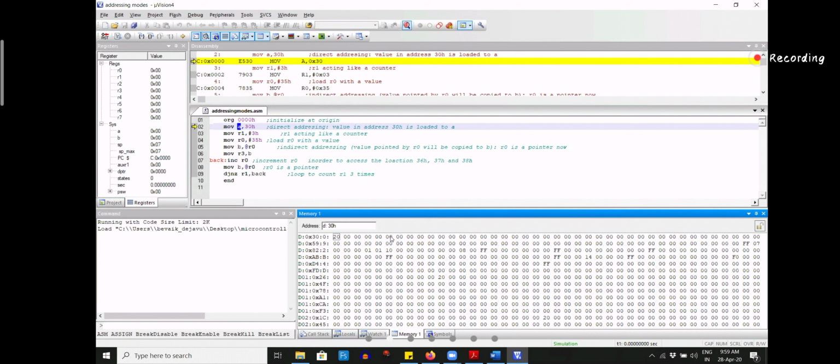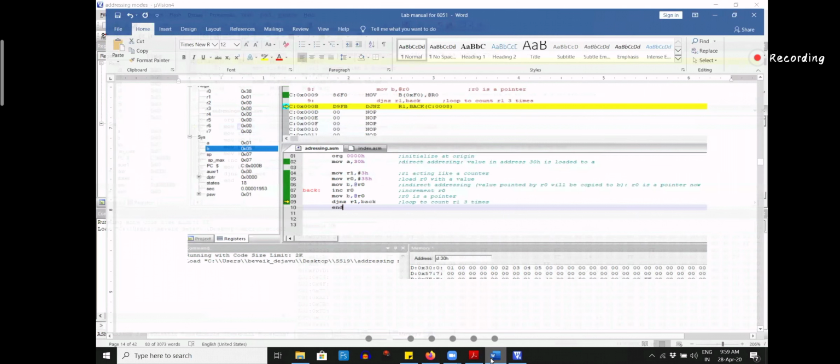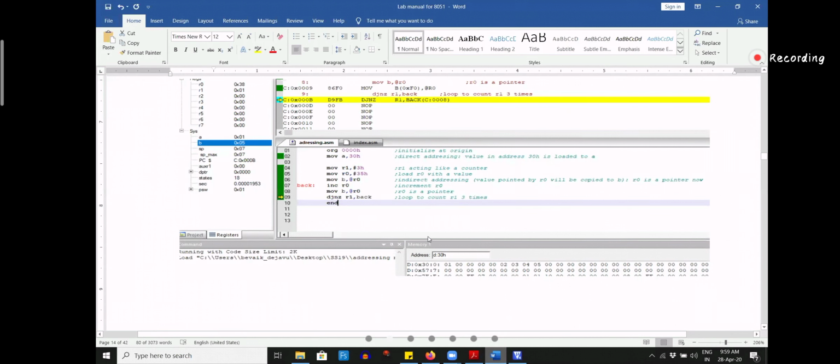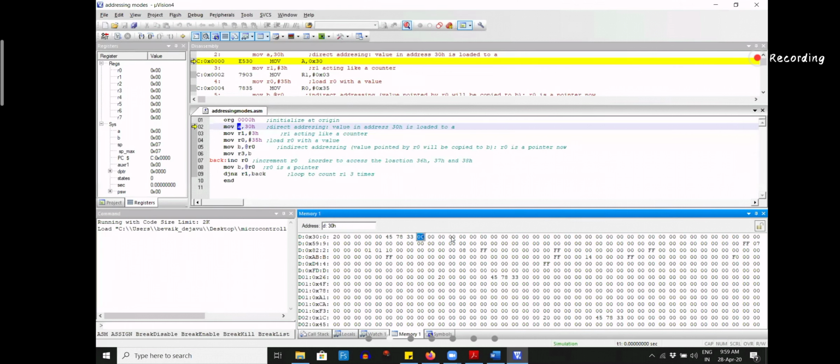Let's say at 35 I have a random value, 45; at 36, 78; at 37, 33; and at 38, let's say 56, some random values, okay?